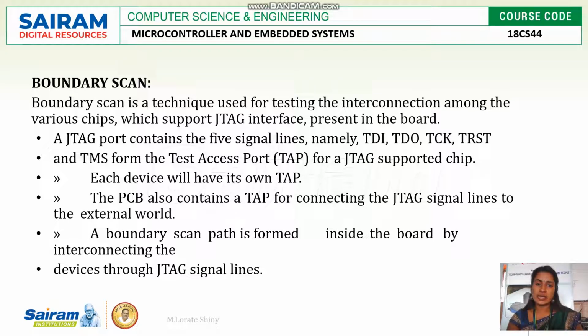Next one is boundary scan. As the complexity of embedded systems increases, the number of chips to be used also increases. But in the PCB board, the packages should be minimized while the number of chips increases.